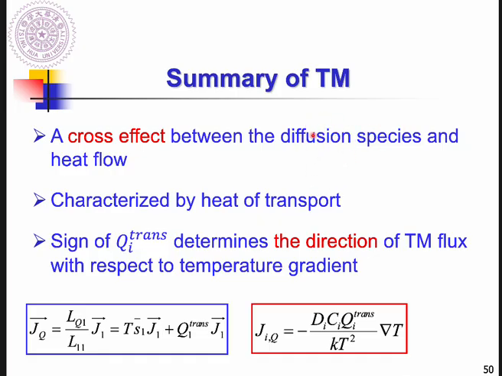If the species moves from high temperature to low temperature, that corresponds to a positive heat of transport. If the diffusing species moves from low temperature toward high temperature, we call that a negative heat of transport. So the sign of the heat of transport determines the direction of the atomic flux induced by thermal migration.